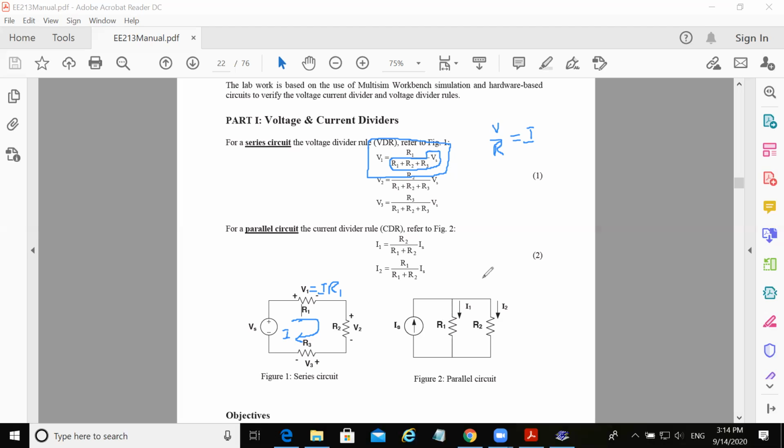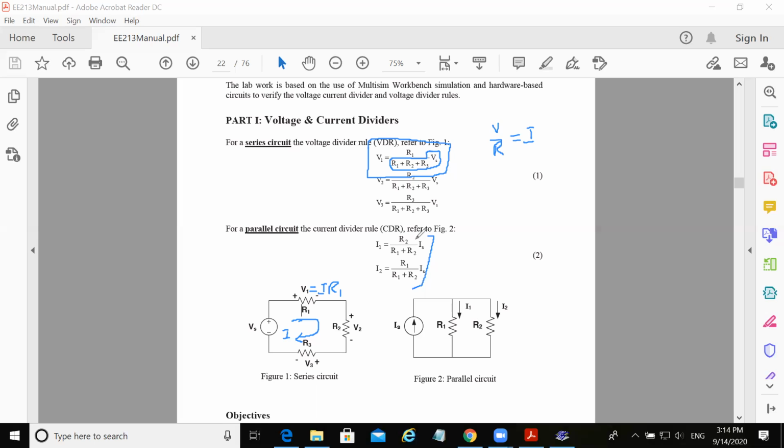Okay. Now, on your screen here, in equation number 2, we have written the current divider rules. The current divider rule says that the current in one branch, for example, the current I1 in this branch, which is the current that is flowing through R1, will be equal to the total current multiplied by the resistance in the other branch, which is R2.